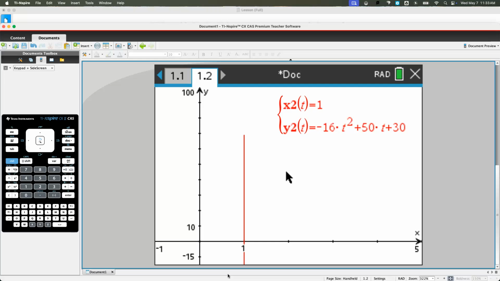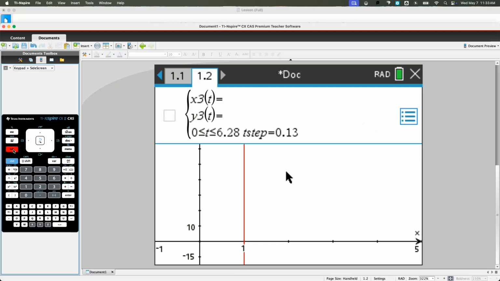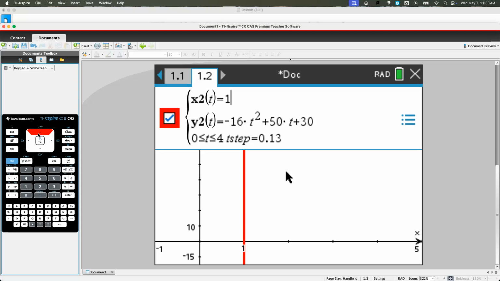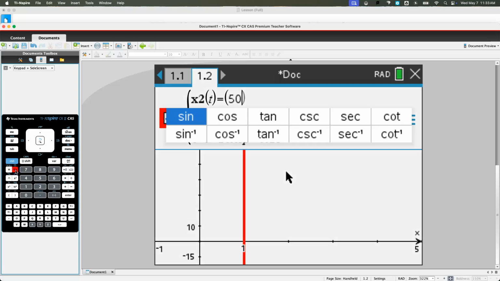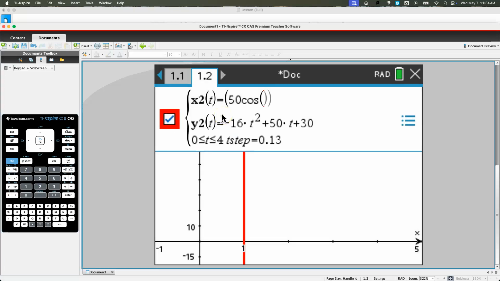I'm going to use this same exact graph. I'm just going to change it out. So now my x sub 2, or my x here, is going to be, open parentheses, 50 cosine of 65. Now I'm in radians on my calculator.